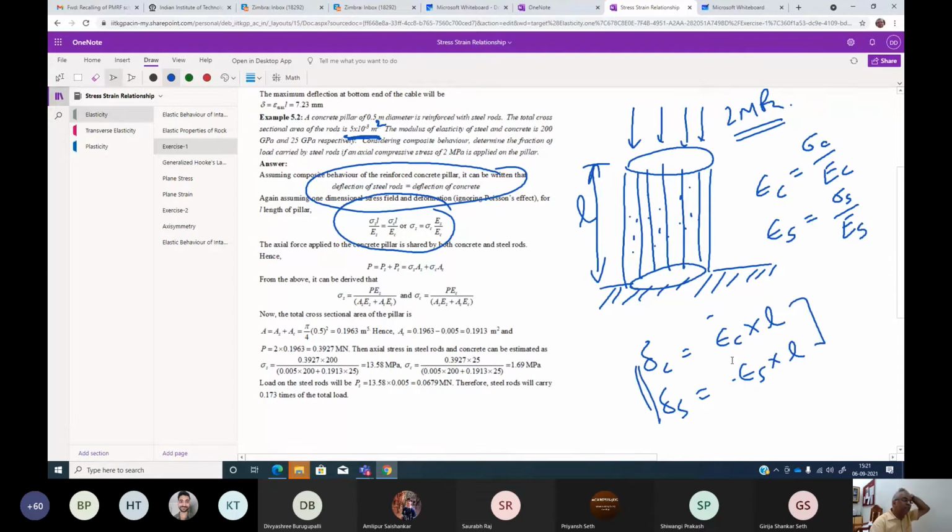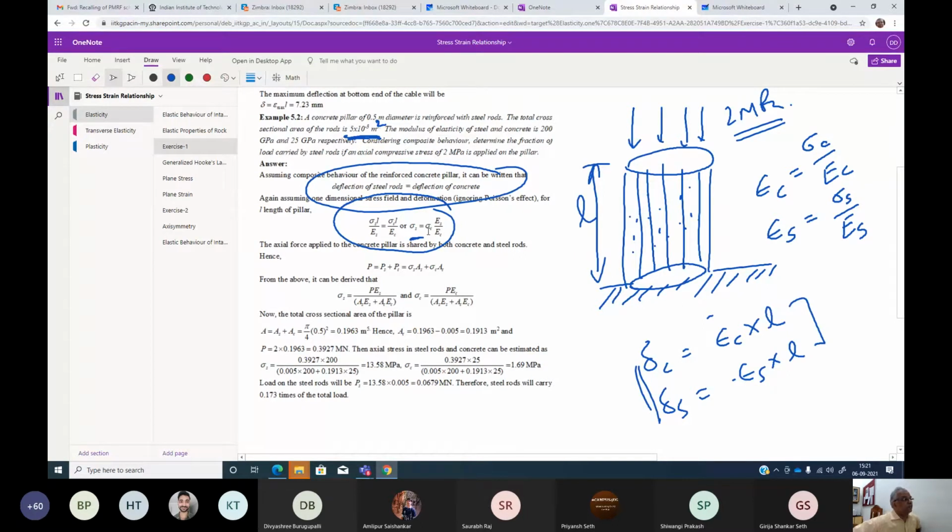They are equal. So if they are equal, we are finding out the stress on the steel is related to that.